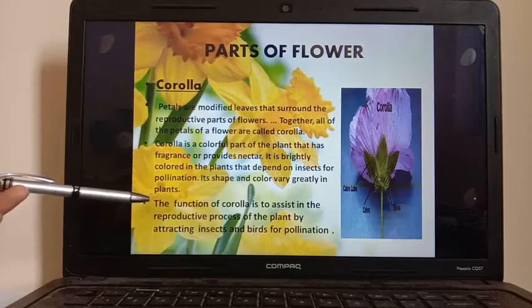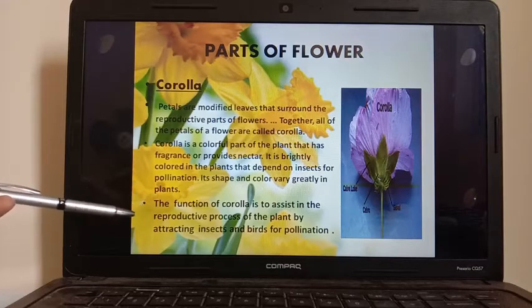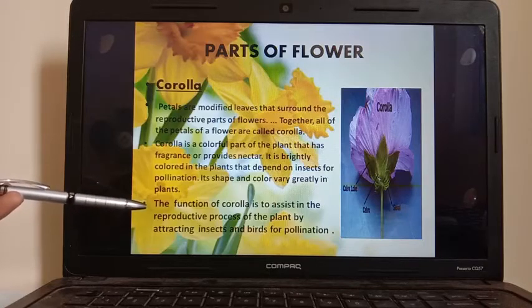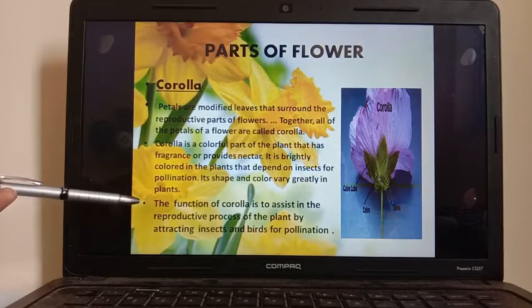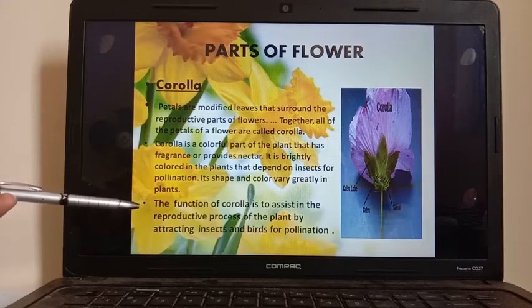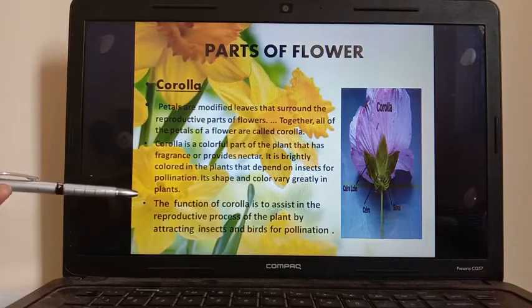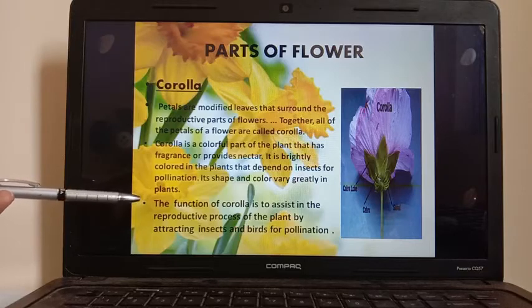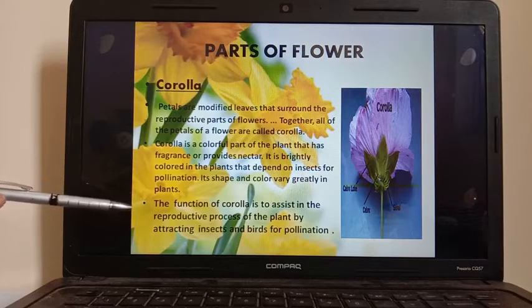The function of corolla is to assist in the reproductive process of the plant by attracting insects and birds for pollination. At the first I told that the flower is the reproductive part of the plant, which has good fragrance and color by which it can attract the pollinators, the insects or birds, which help in pollination, or transfer of pollen from one flower to another flower.